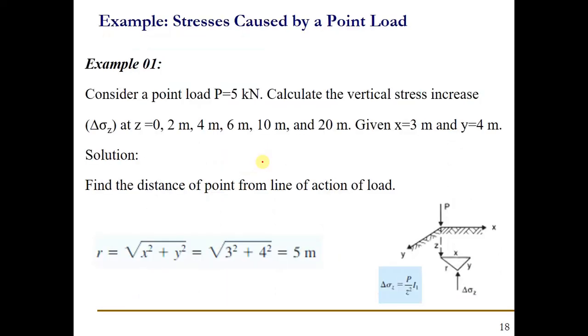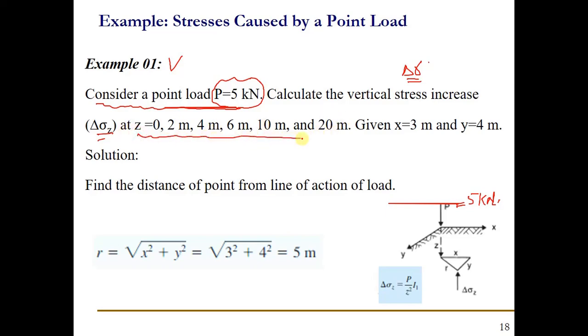Now, solving an example, we will consider a point load P of 5 kilonewton. We need to calculate the vertical stress increase delta sigma z at z equal to 0, 2 meter, 4 meter, 6 meter, 10 meter and 20 meters.